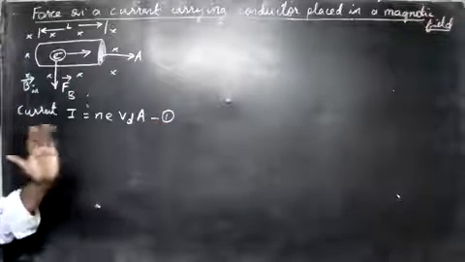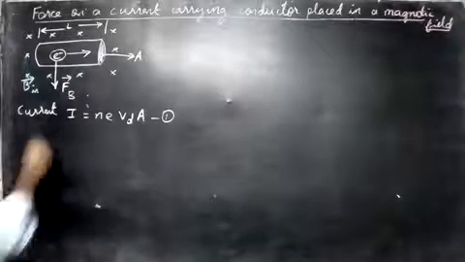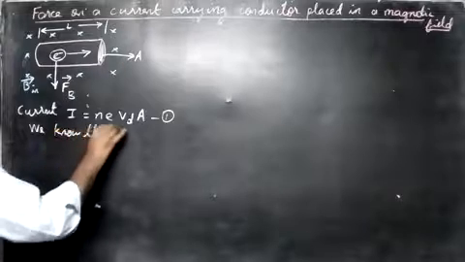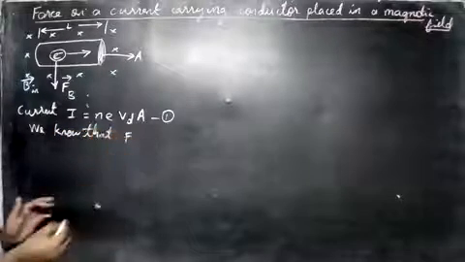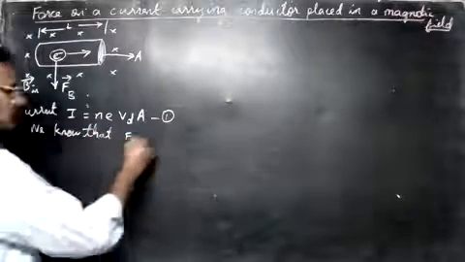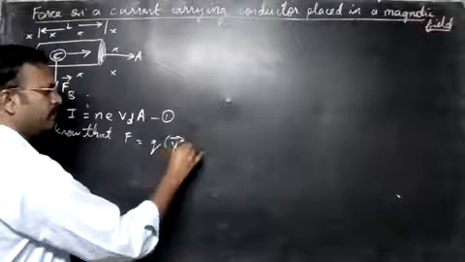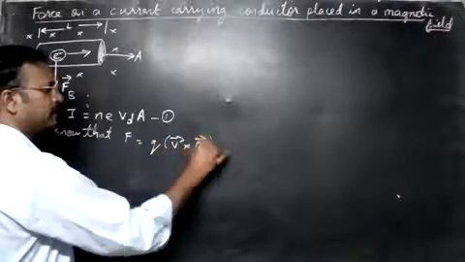Now we know the formula we learned for the magnetic Lorentz force: F is equal to Q into V vector cross B vector. Let's apply this.